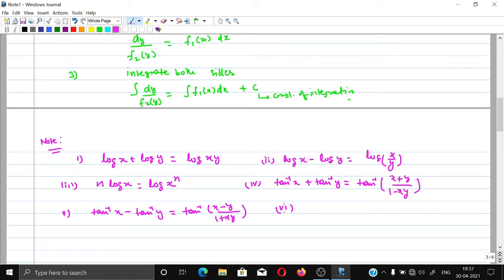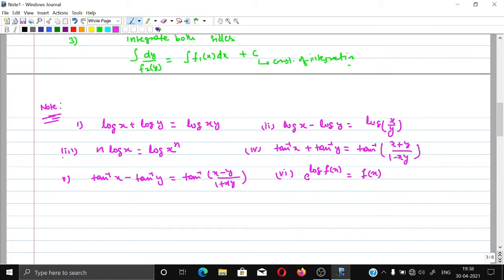And our sixth identity is e to the power log f(x) equal to f(x). These are some important identities. You should keep them in mind and memorize them if you can, because they help you write the compact form of a solution.